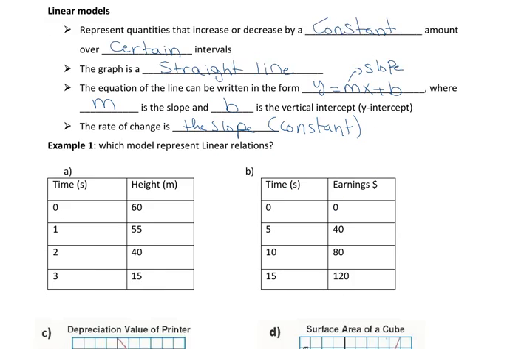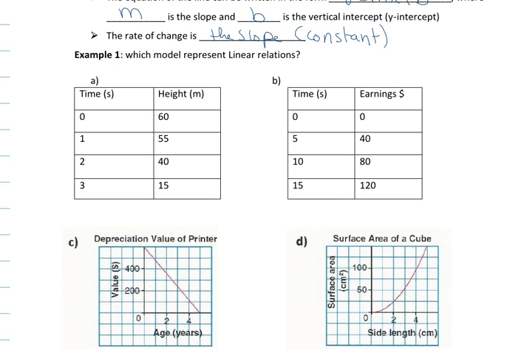So we're going to be able to identify these linear functions, right, by looking at different things. Either by looking at the table of values, or by looking at the equation of the line, or by looking at a graph. Okay? So if I look at the table of values like this, in order for me to be able to identify if it's linear or not, I have to do the first difference.